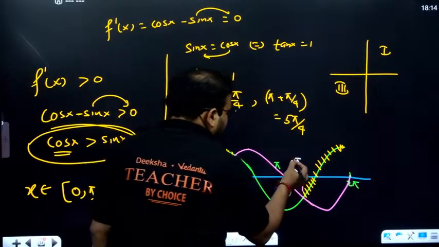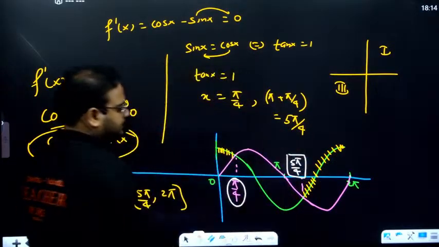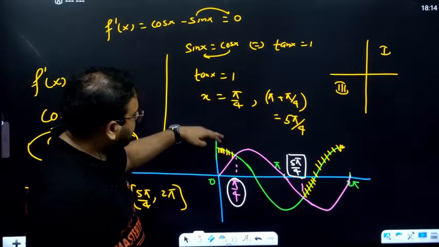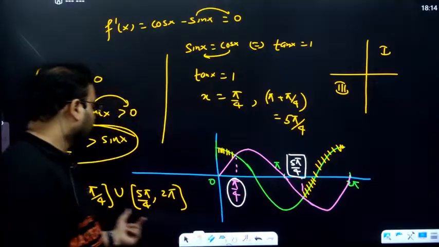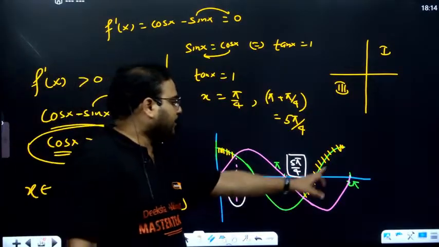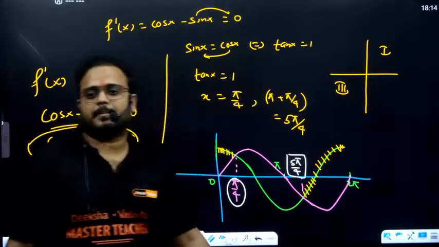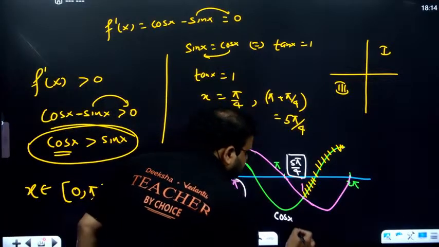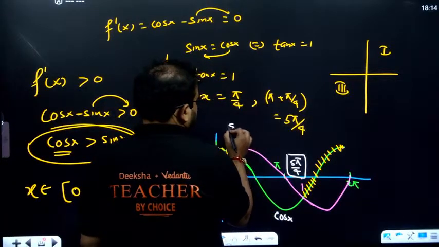One is here and one is right here. For those two critical points, cos is above in the interval 0 to pi by 4, and after 5 pi by 4 also, cos is above. The green function is cos x, and this function is sin x.